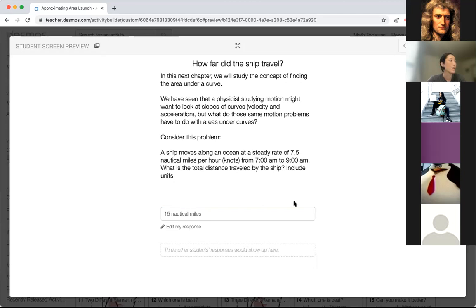And you can share that response with the class once you have that. All right. Are there any questions about how we got 15 nautical miles? Still see a few of you have not quite typed that in yet, so I'm still waiting on a few.